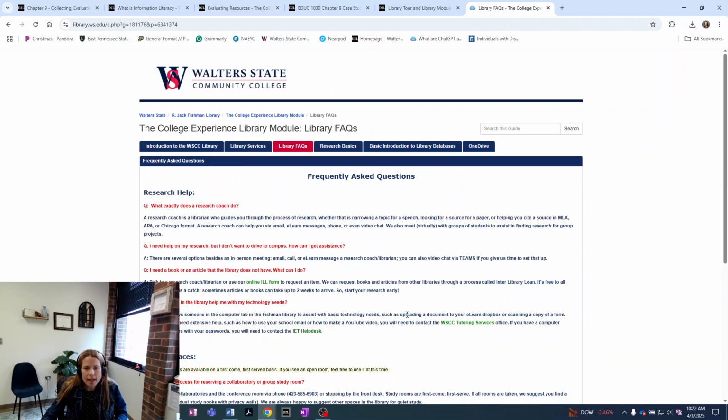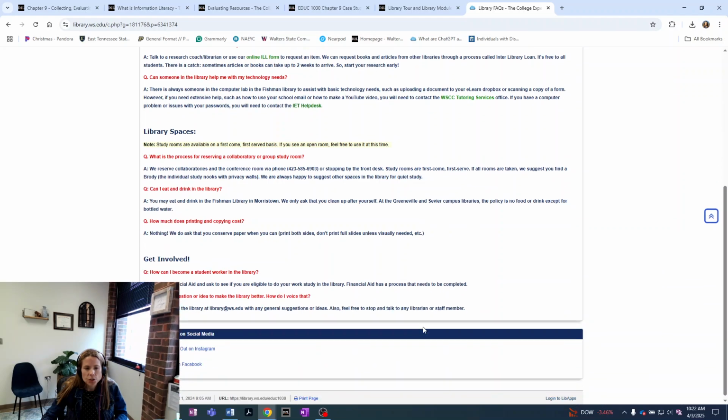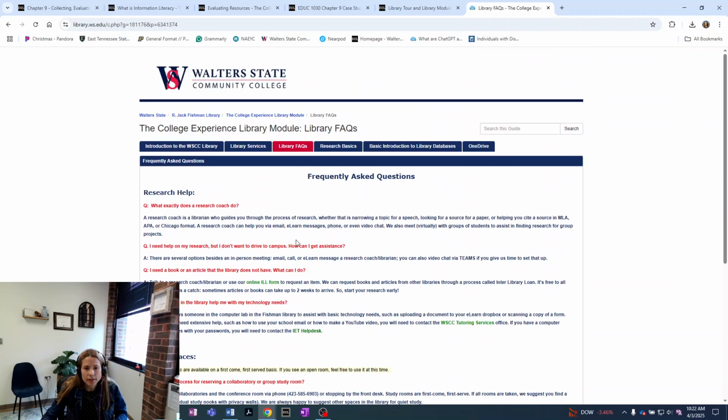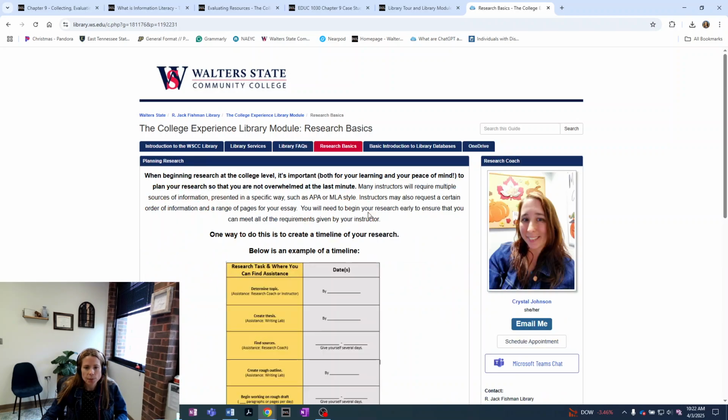The next one is frequently asked questions, which, believe it or not, is a really good tool. And then research basics. So again, getting into that part that we were talking about in our text, where we're looking at information literacy and how it's an important skill for you to acquire. So when you're at the beginning of your research, it's important for you to plan.